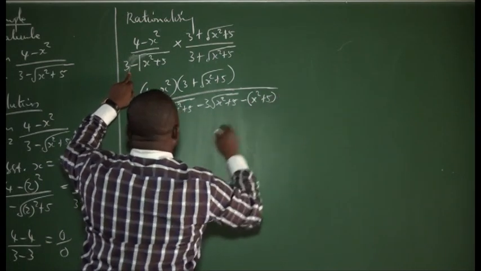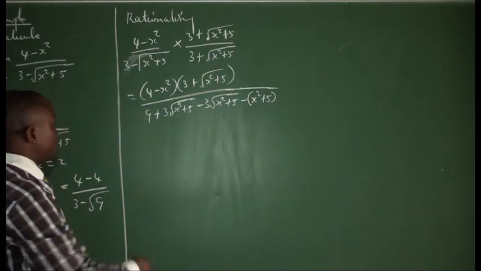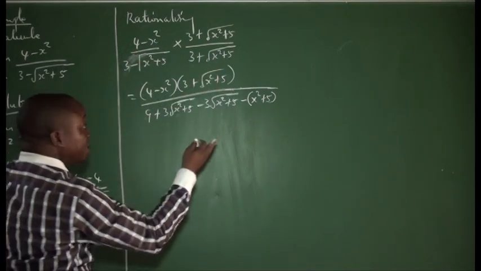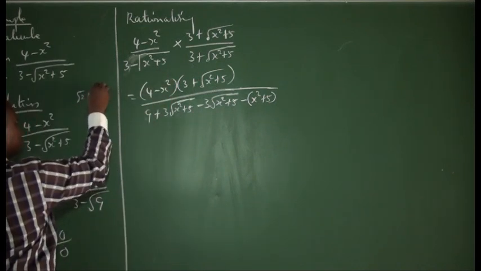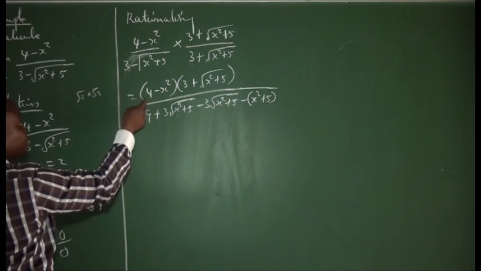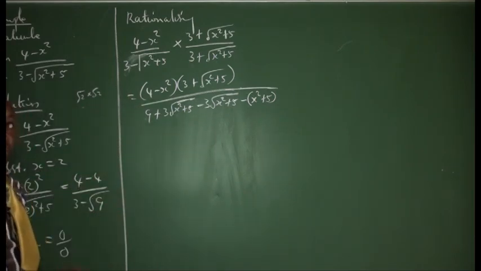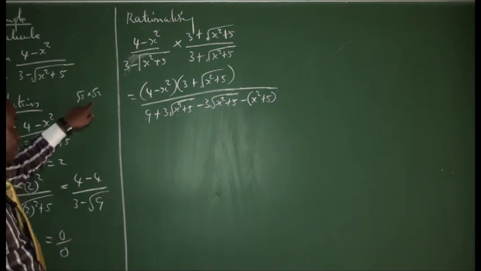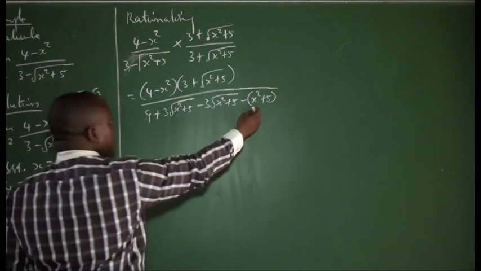You know how? Because when a radical multiplies a radical, that is square root times square root, the answer is the quantity inside the square root. For instance, root 2 times root 2 will give you root 4, which is 2. Root 3 times root 3 will give you root 9, which is 3. Always the answer is the quantity inside the square root. So that is what we have here.